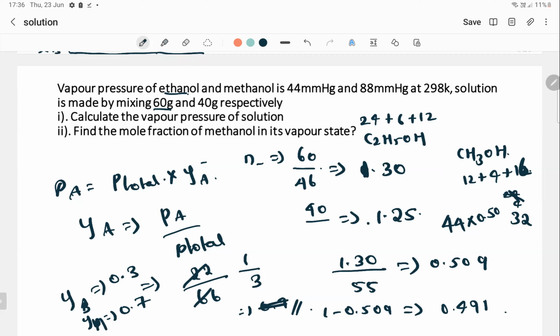This is YA. No, this is PB, methanol. Okay, ethanol, methanol.